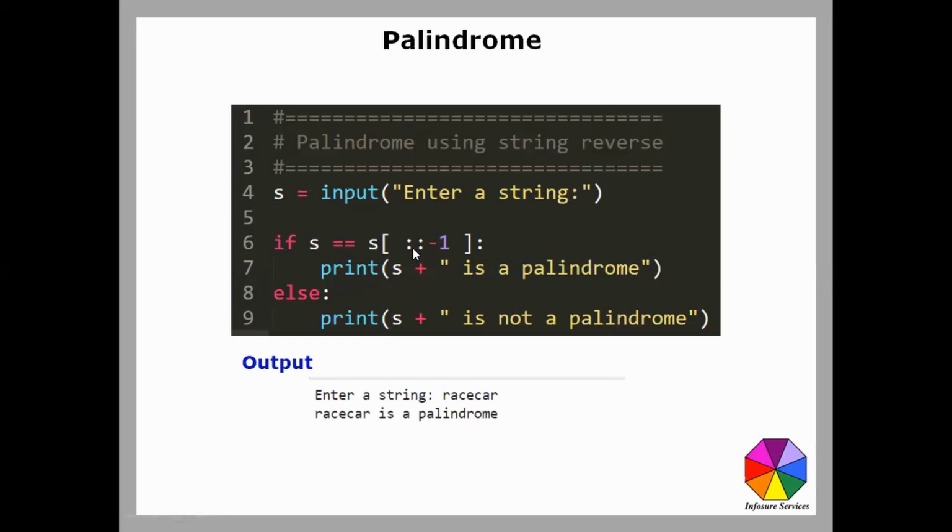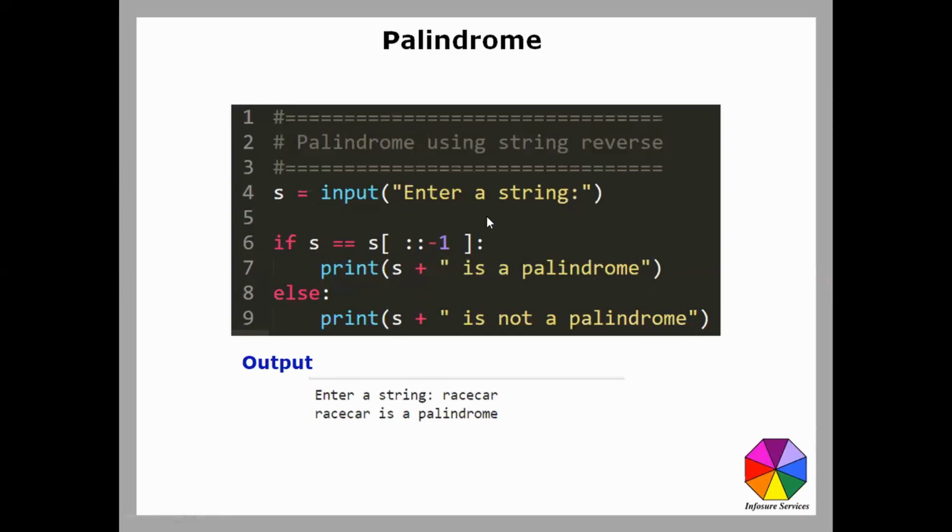So we are using colon -1 of that string. If both are equal, that means it's a palindrome. So it's going to print that string s is a palindrome. If it is not, it's not a palindrome.